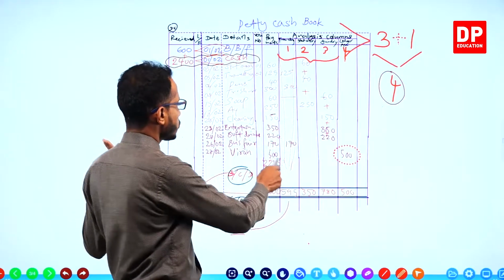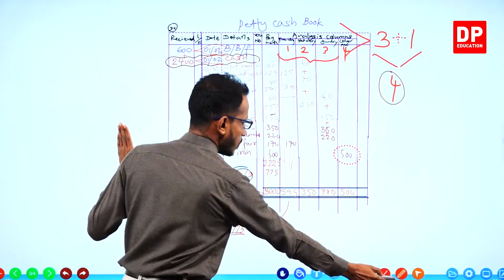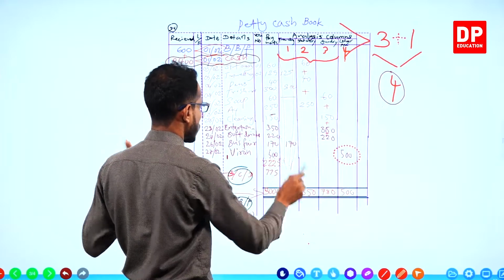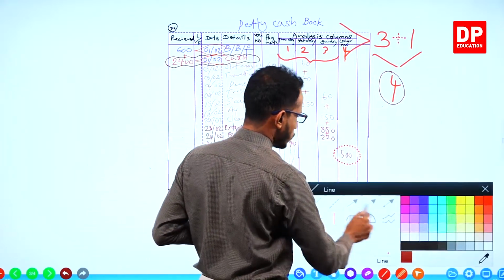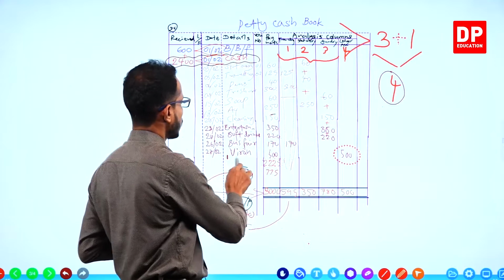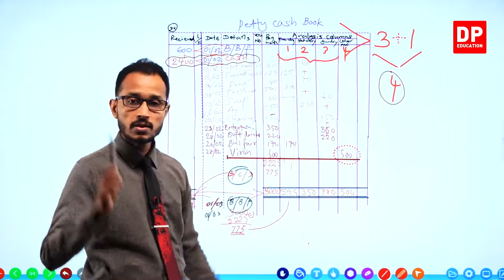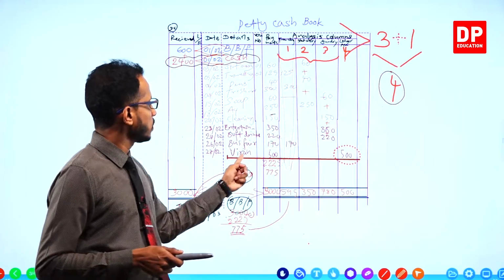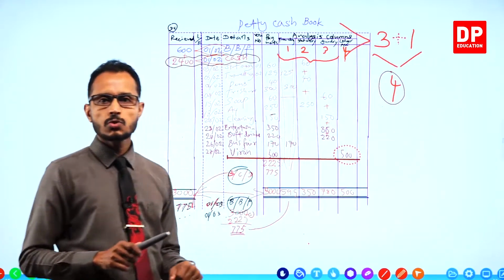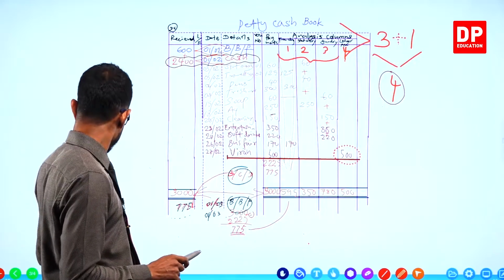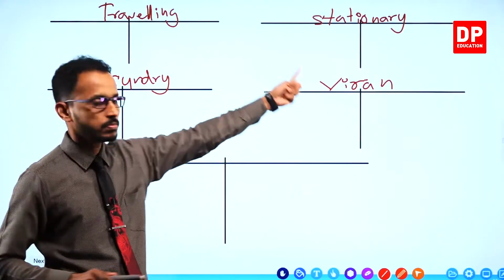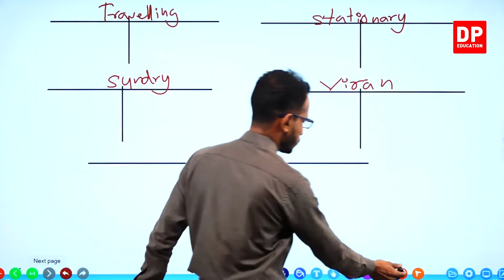So in this ledger account column, we have only one entry. That is Viran. That's why we must draw an account called Viran. Okay? Viran, and the cash book.